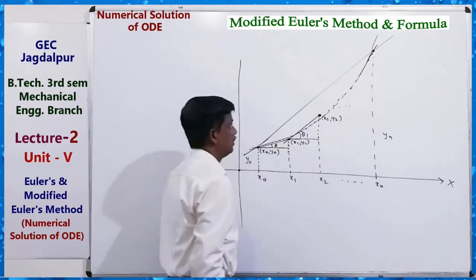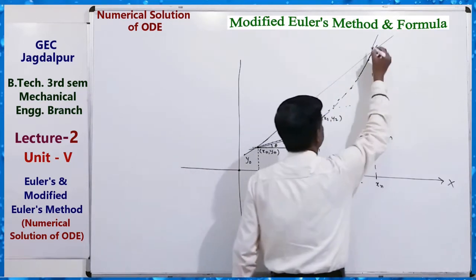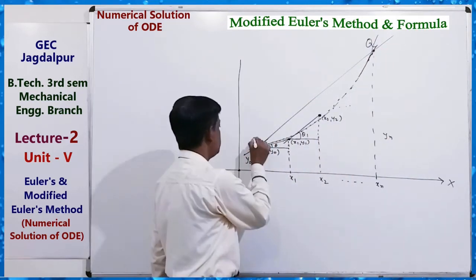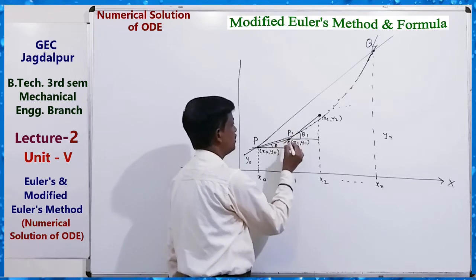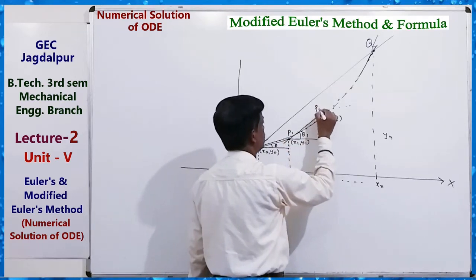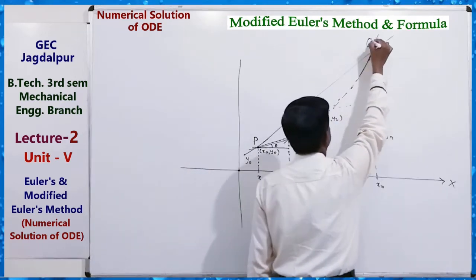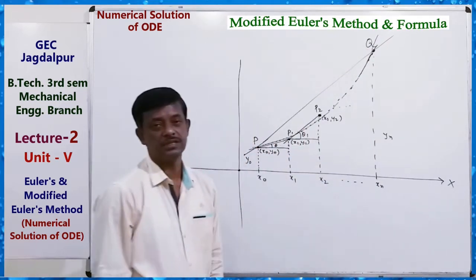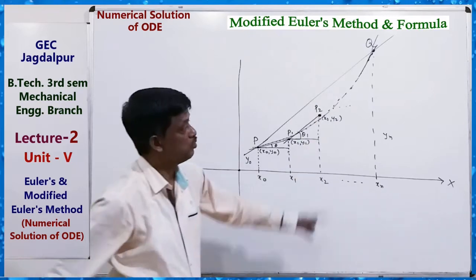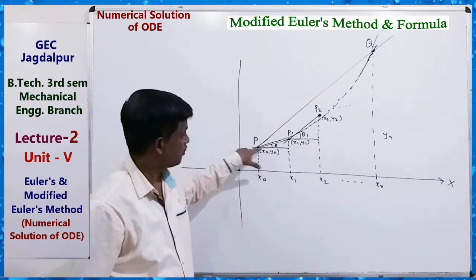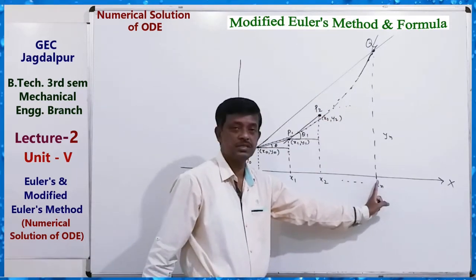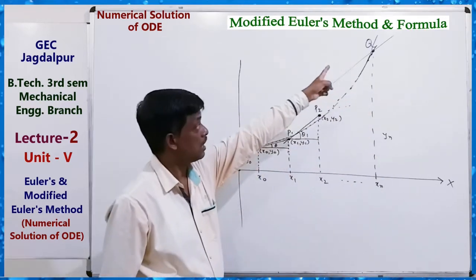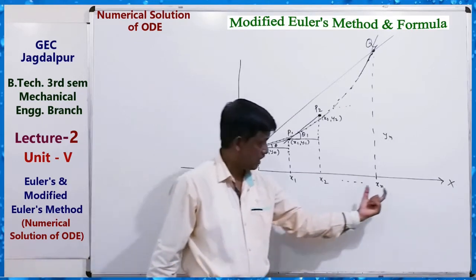This is the targeted point Q. Suppose this point is P, this is P1, and this is P2, and Pn equals Q. Q means the intersection of the curve with this ordinate, so that is the actual value of yn for xn.